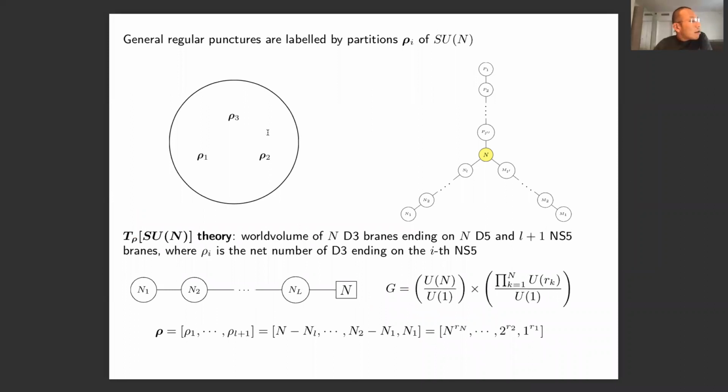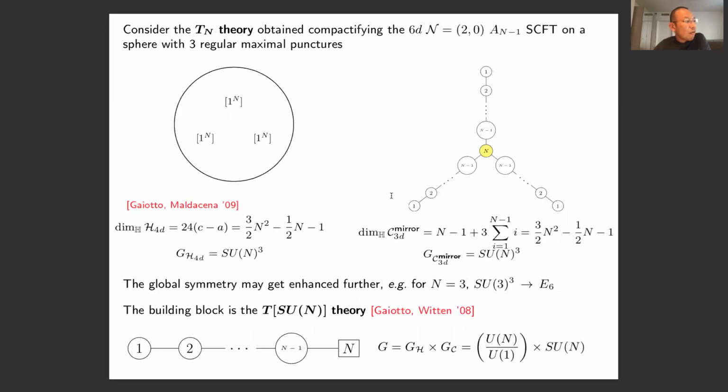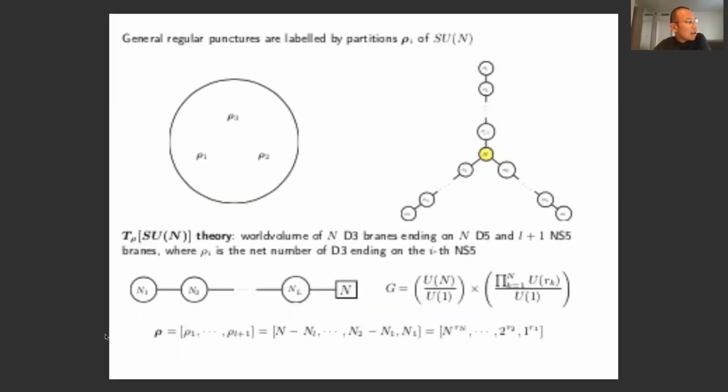Now you can generalize this to any partition rho. And then the quiver still looks like a star shape, with the ranks now being different from the previous case. The building block of each leg is a generalization of the 1 to n-1 up to n.